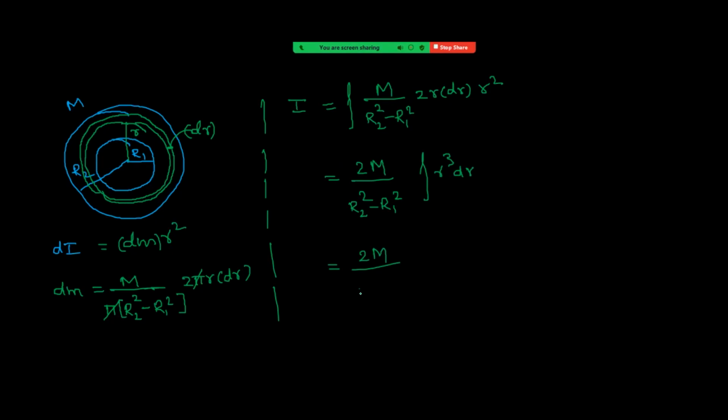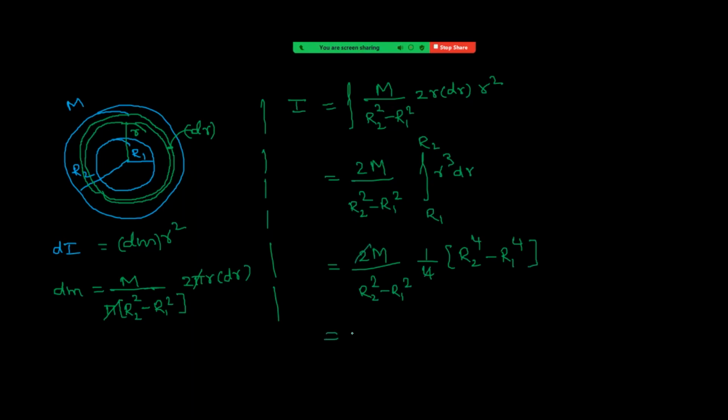So 2M upon r2 square minus r1 square, limits now r1 to r2. Earlier we have taken 0 to r, right, while making calculation for the disc. Okay, so it is now r power 4 by 4, right? Means 1 by 4 into r2 power 4 minus r1 power 4, right?